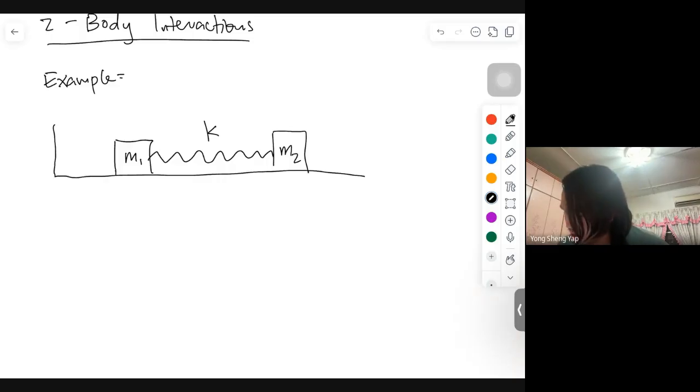So again, the first thing we do is write down the equations of motion. Let's take the position of mass 1 from this wall as the origin. The position of mass 1, let's call it x1, and the position of mass 2, let's call it x2.